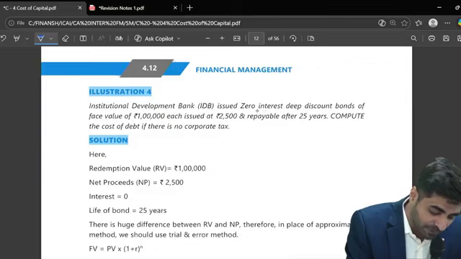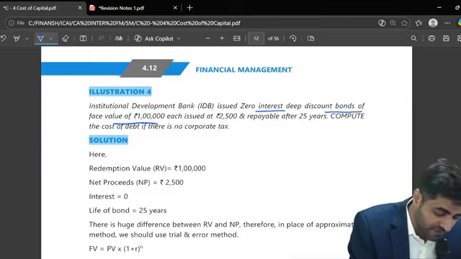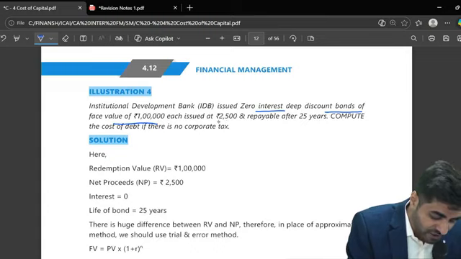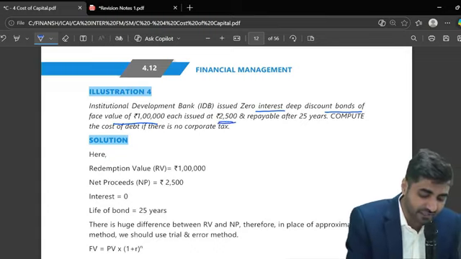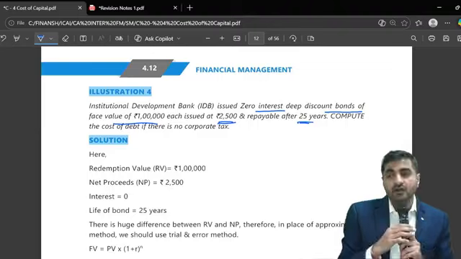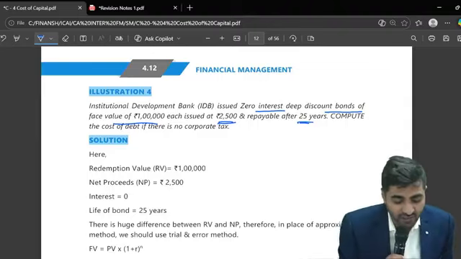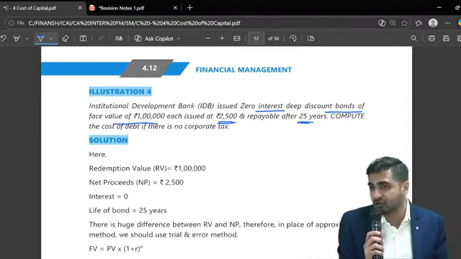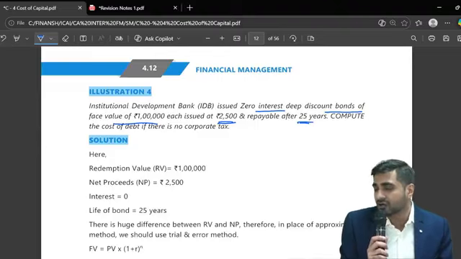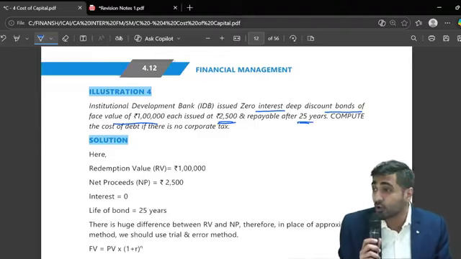Institutional Development Bank issued 0 coupon deep discount bonds of the face value 1 lakh, each issued at 2,500, repayable after 25 years. Now first, let me just revise what is the basic meaning of deep discount bonds. Have you heard about zero coupon bonds?